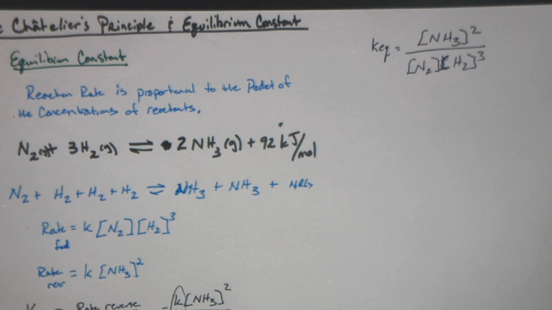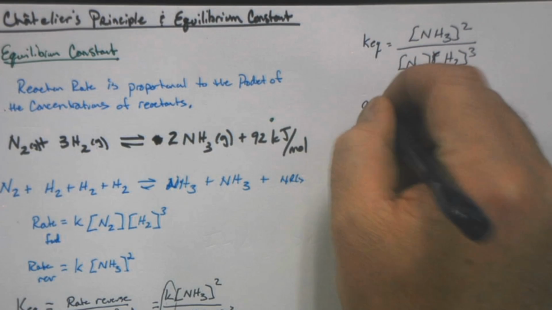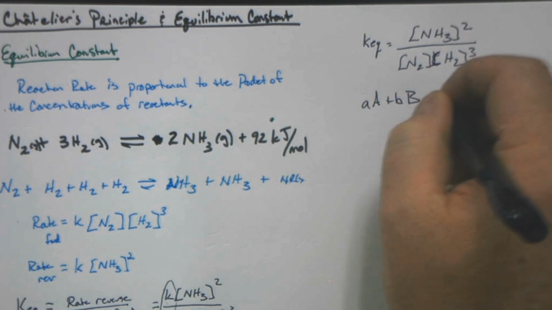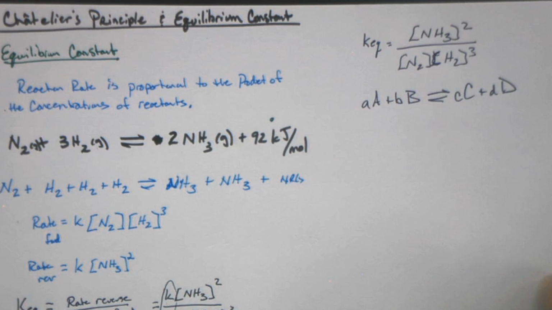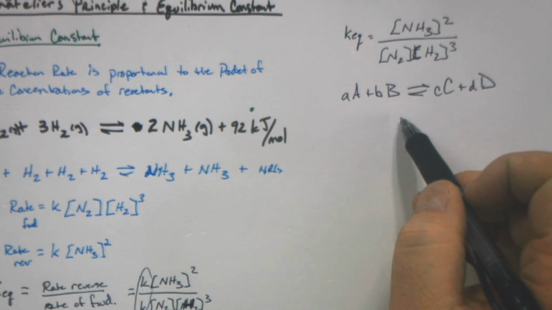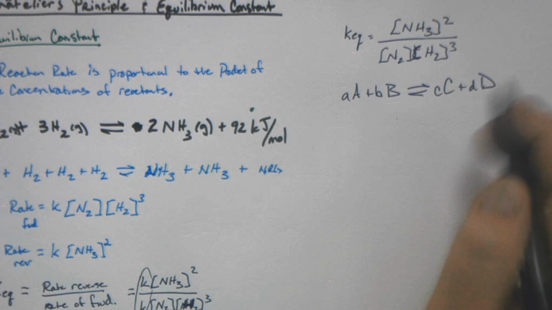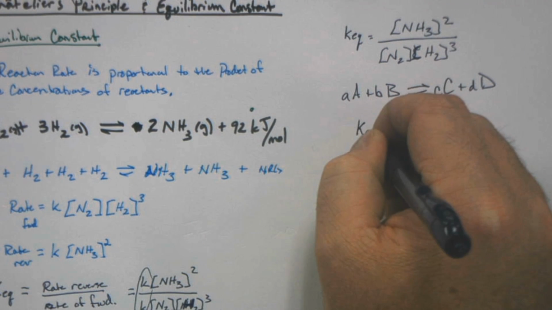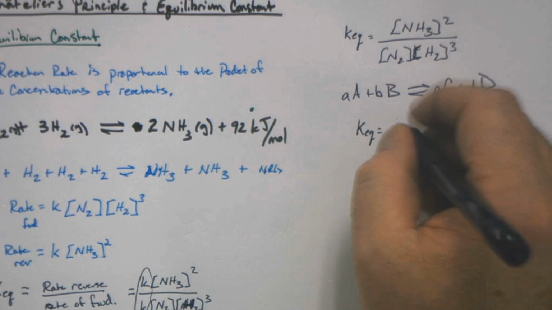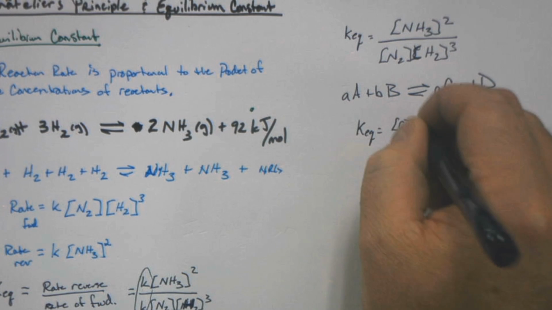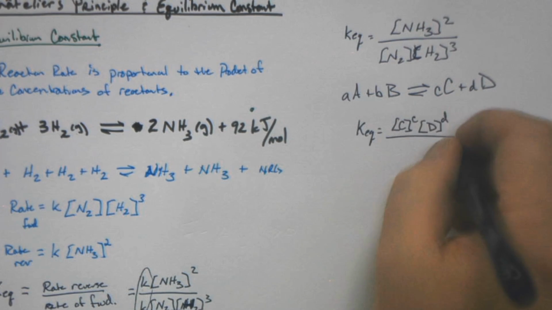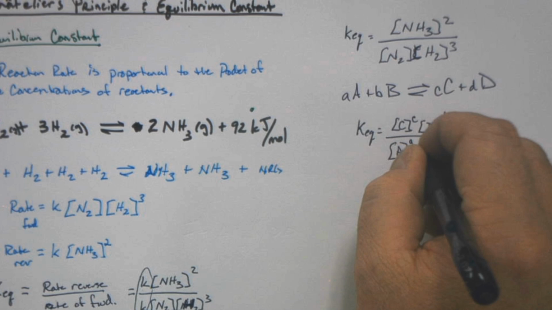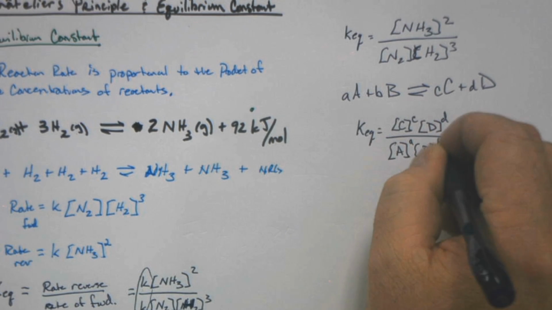All you guys are expected to do is recognize that if you have any equation that is reversible and you have coefficients to it, the KEQ will equal the concentration of C to the c times D to the d over A to the a, B to the b.